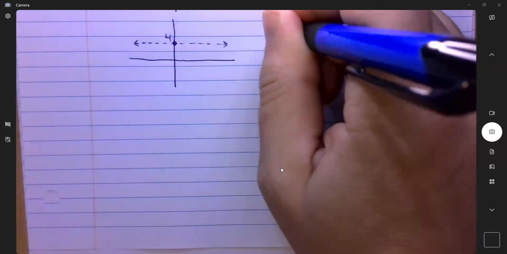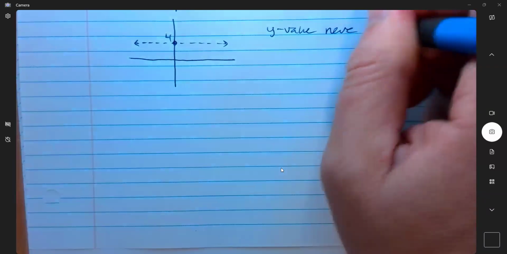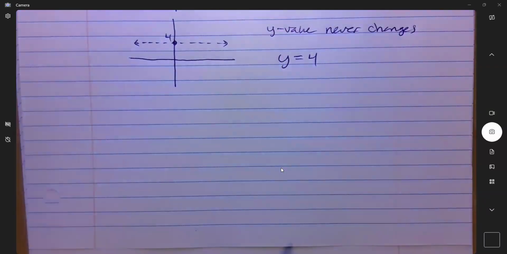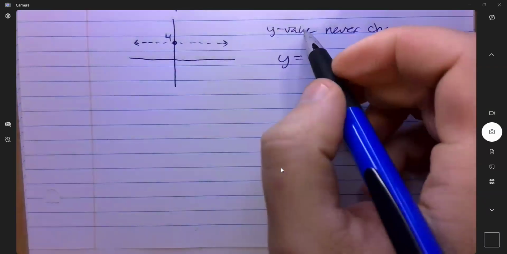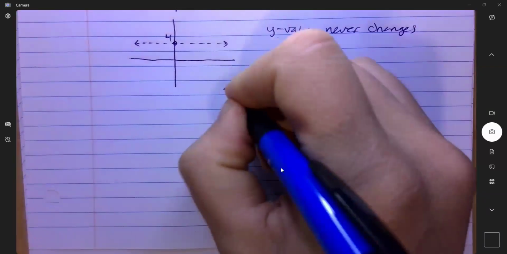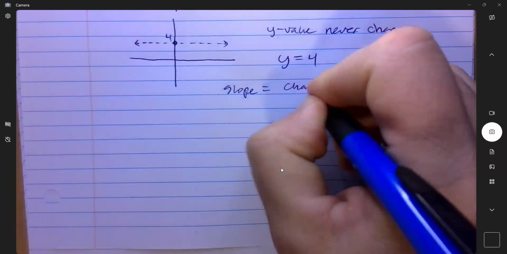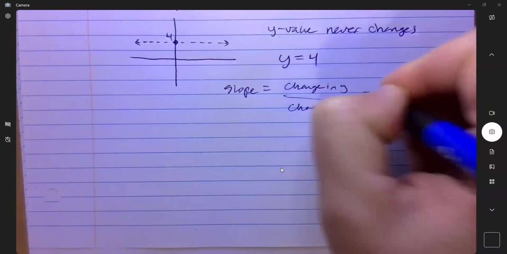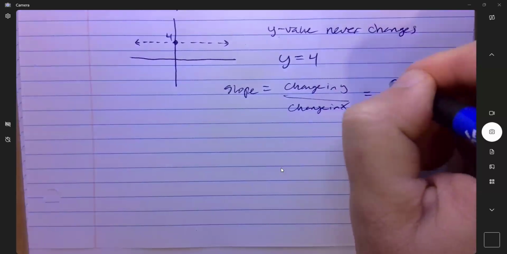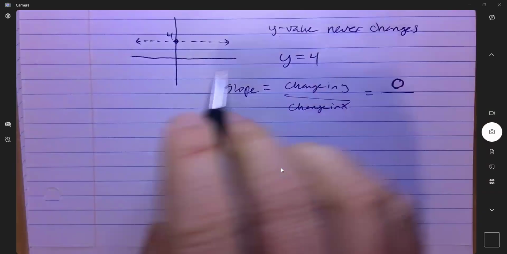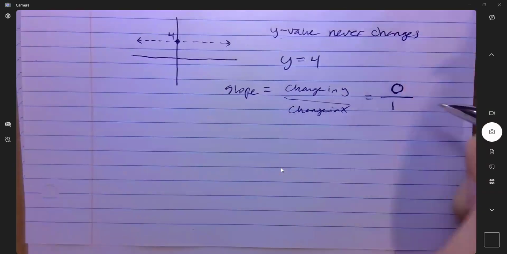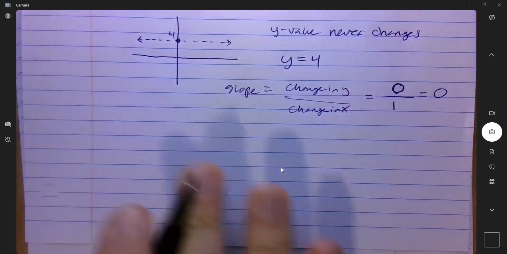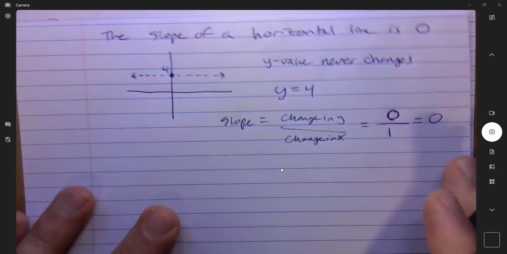Notice that the y value never changes. It's always 4. And slope is how does the y value change when the x value changes? Slope is change in y over change in x. If the y value never changes, that change is 0. And it doesn't matter what x is. X could change by 1, x could change by 10. Your slope is always going to be 0. The slope of a horizontal line is 0.